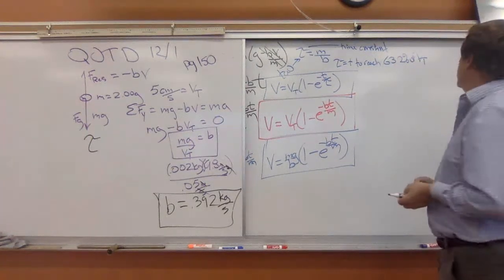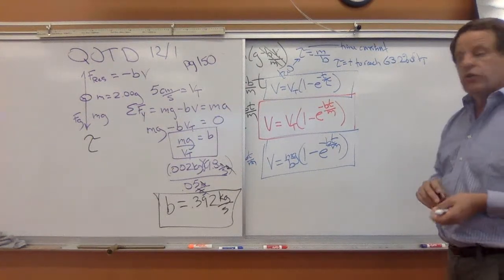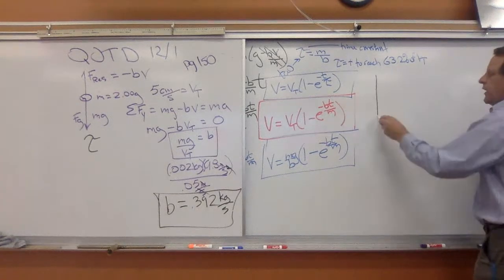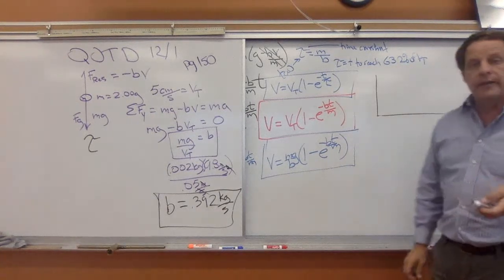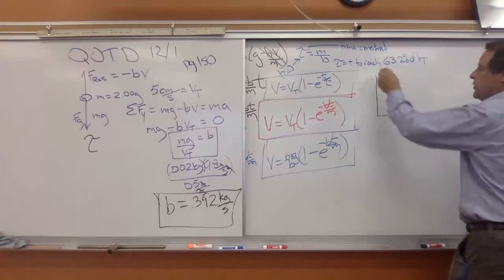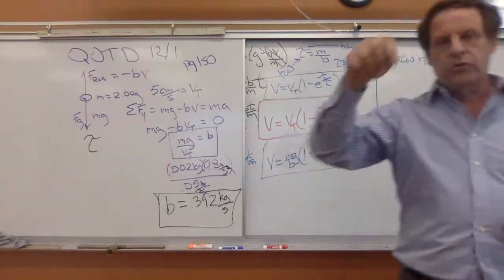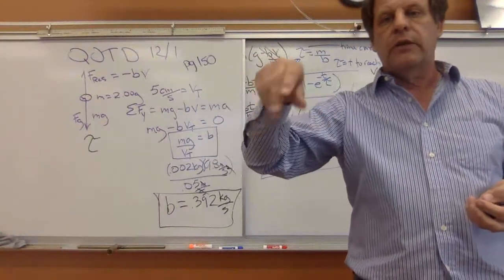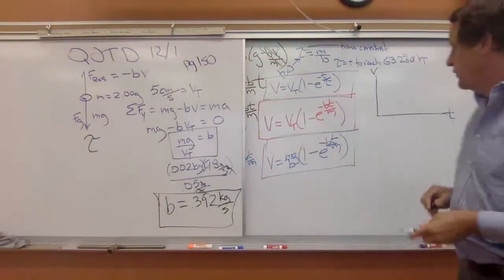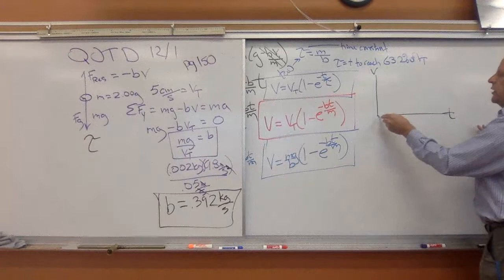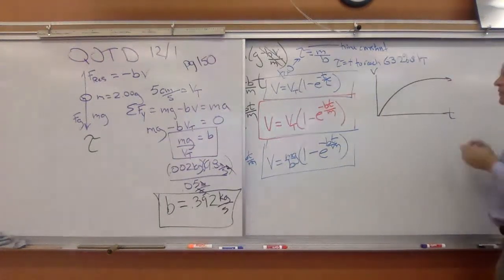63.2% of its terminal velocity. So, and I forgot to do this in the lecture, but if we're going to graph this and we're going to have velocity versus time, if we were to drop something in there, it is going to slow down. So it would end up looking something like this.